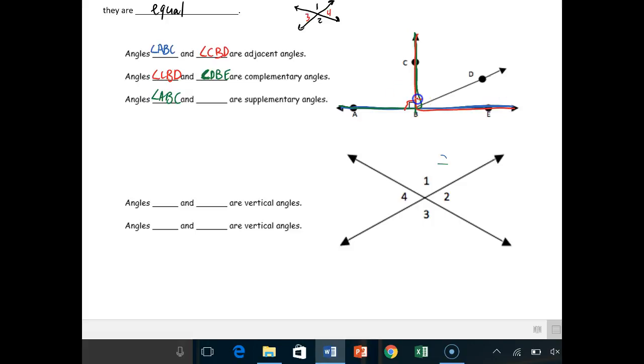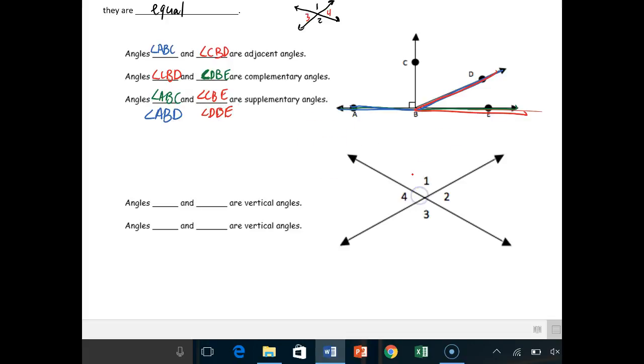So this is 90, this is 90, 90 and 90 is 180, right? CBE. Now I could also do something else. Let's erase and do something different. Again, here's our straight line right here. What about angle ABD? So this angle ABD. And what about the extra little chunk that's left over, DBE? And there we go, we have that straight line right there, angle DBE. So those are supplementary angles.